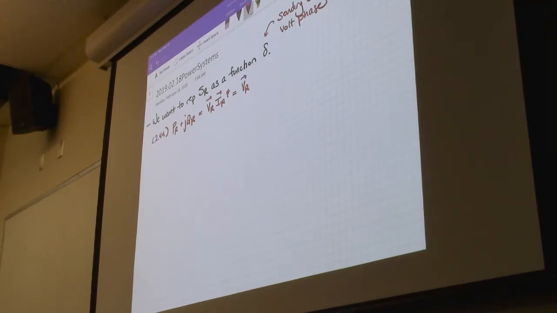We're going to substitute in the equation we had from the previous calculations we did. We know that that current there will be equal to the difference between the voltages divided by jX. And this value right here is represented as angle delta. This right here is 0 degrees. We've assumed that the receiving end is the reference for the phase.